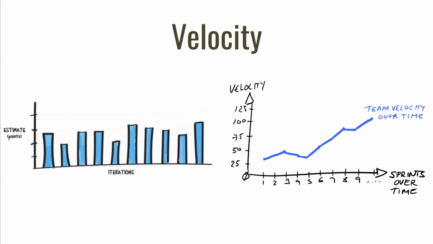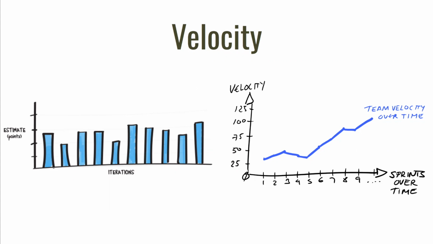Now, an easy way to understand velocity is that velocity improves as the team starts to improve at utilizing sprints, Scrum, and iterative delivery. As their Agile technique improves, as they become more agile in the way that they operate and more comfortable in this new way of operating, they tend to increase in their velocity to a certain point where they plateau based on the way that they're doing things.